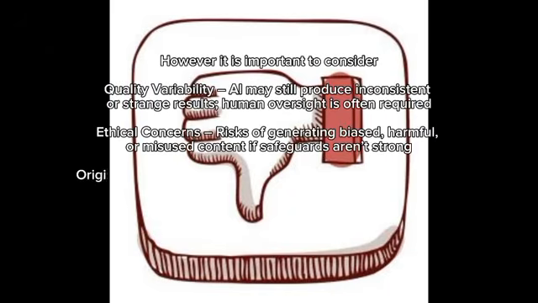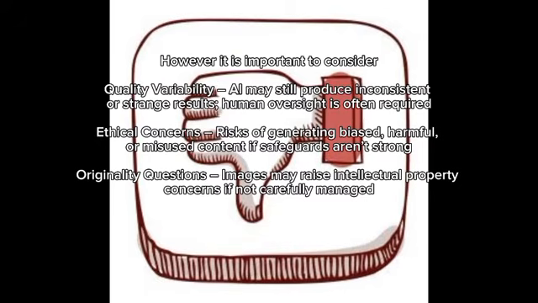However, it is important to consider quality variability. AI may still produce inconsistent or strange results. Human oversight is often required. Ethical concerns: risks of generating biased, harmful, or misused content if safeguards aren't strong. Originality questions: images may raise intellectual property concerns if not carefully managed.